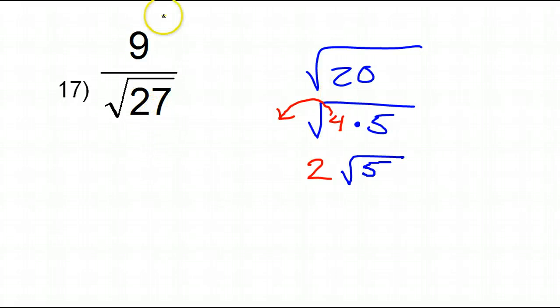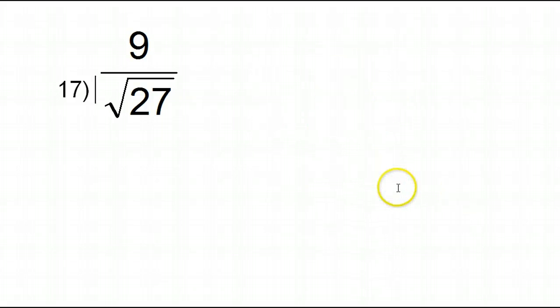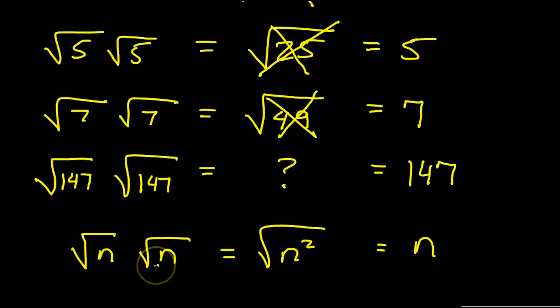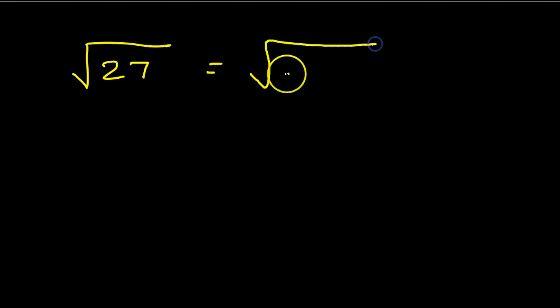Now, hopefully you're recognizing that 27 has a perfect square factor. And I want to do that sort of off to the side. Okay, so, in fact, let me switch to my black screen. Okay, so I'm doing square root of 27 off to the side. So the square root of 27, what perfect square factor is inside of 27? 9.